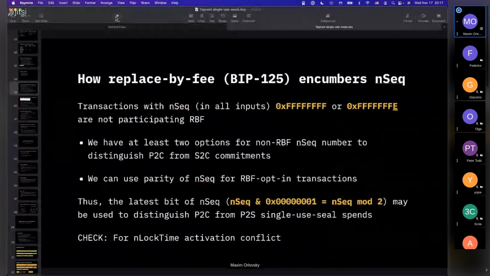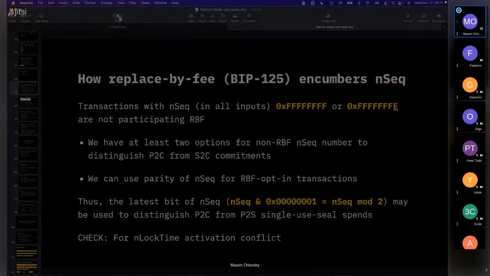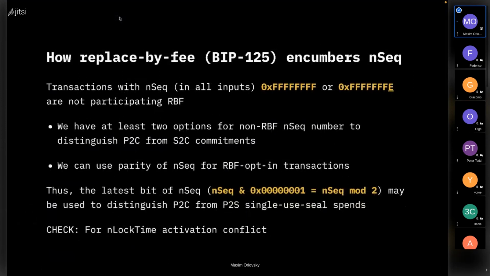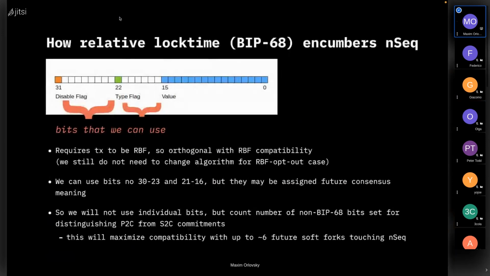Yeah, true. But in that case, you have an option, which may not be the perfect one, that you just opt into RBF and you opt out of nLockTime. And basically, you just use the RBF branch of nSequence usage, which I will be discussing in the next slide.